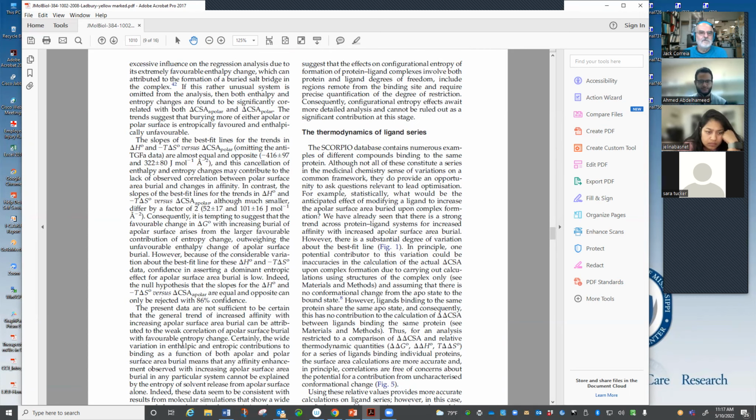The discussion is basically that there are other things going on that confound the correlation and make it difficult, because even though the paper begins with saying enthalpy and entropy are not correlated, so we don't have to worry about enthalpy entropy compensation, there seem to be other factors going on that make a tight correlation difficult.